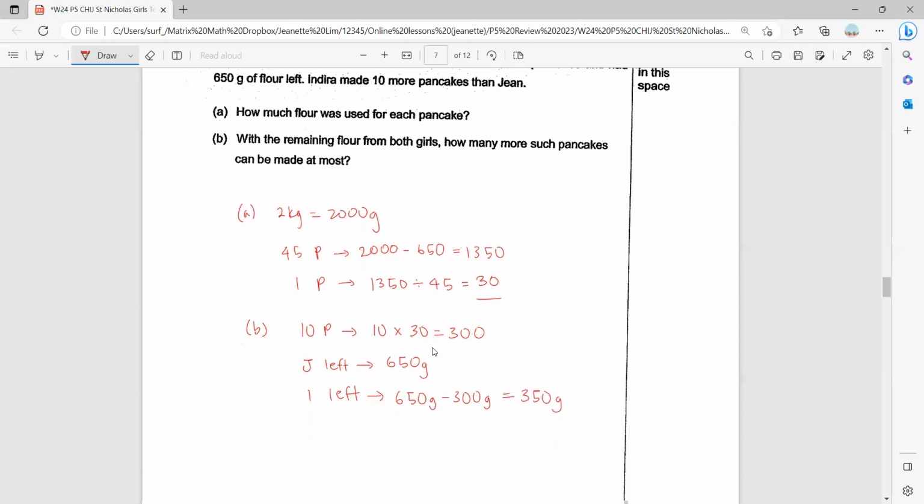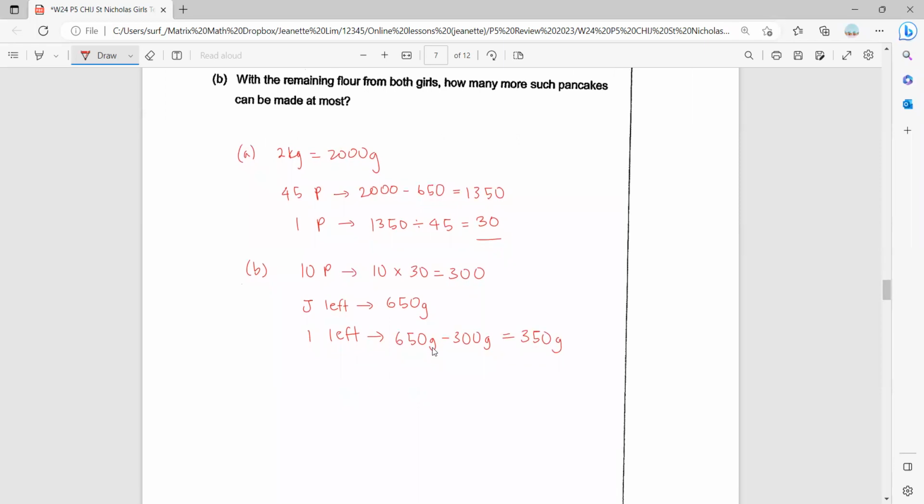So from here, I'll find the total amount left. So 650 plus 350, that will give me 1000 grams.